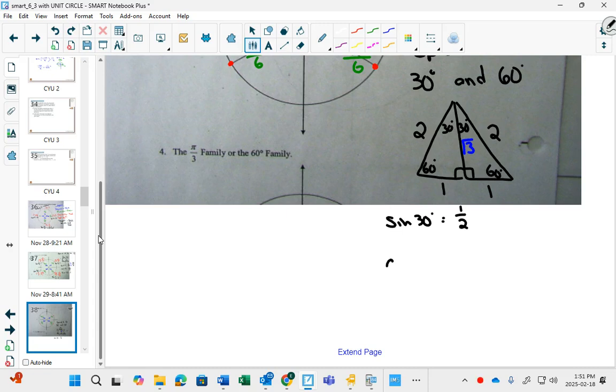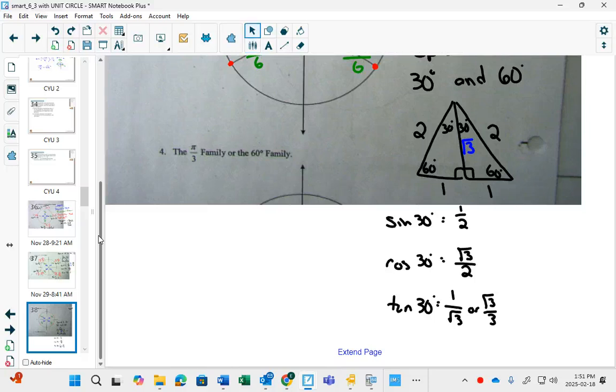I can figure out cos of 30 degrees, adjacent over hypotenuse. And I can figure out tan of 30 degrees, opposite over adjacent. And if you rationalize this one, you'll get root 3 over 3.